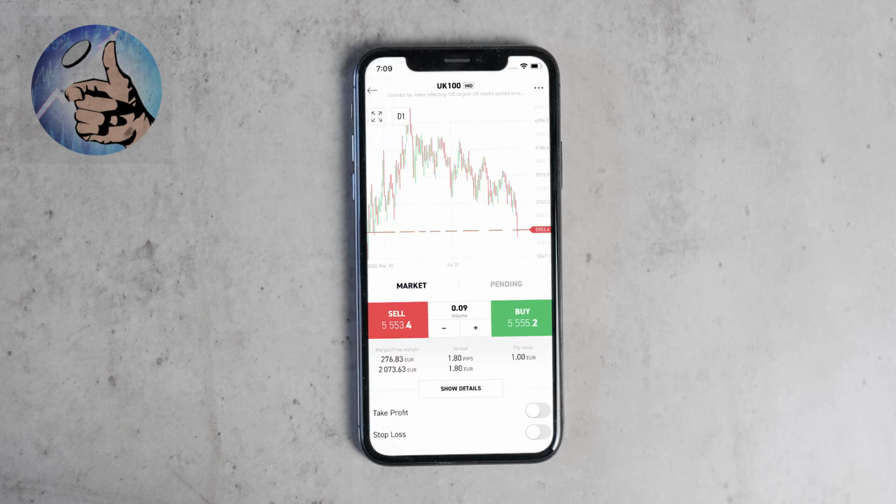That's why again today we are switching to something else. We're going to go with UK 100, and this is pretty interesting because we haven't used this one before. So again, let's take a look at the ATR for this. The amount we are looking at is about 41, so we're going to keep that in mind.